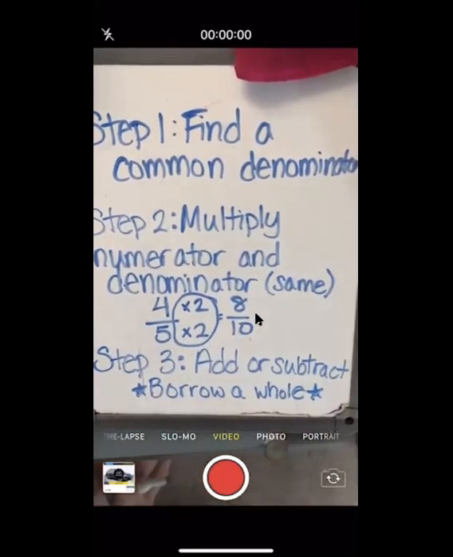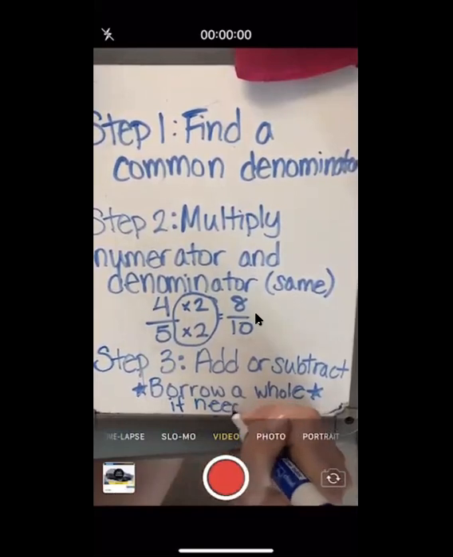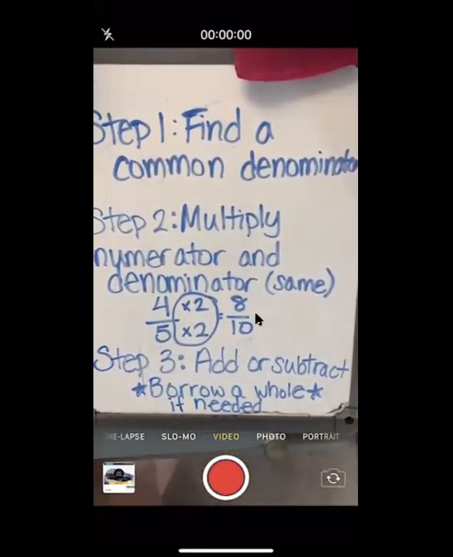Sometimes you're gonna have to borrow a whole, sometimes you won't have to. So I would just leave a little note there, borrow a whole if needed. Sometimes you will, sometimes you won't. It really just depends. You hope that your top number is bigger, but in some cases it might not be, right?